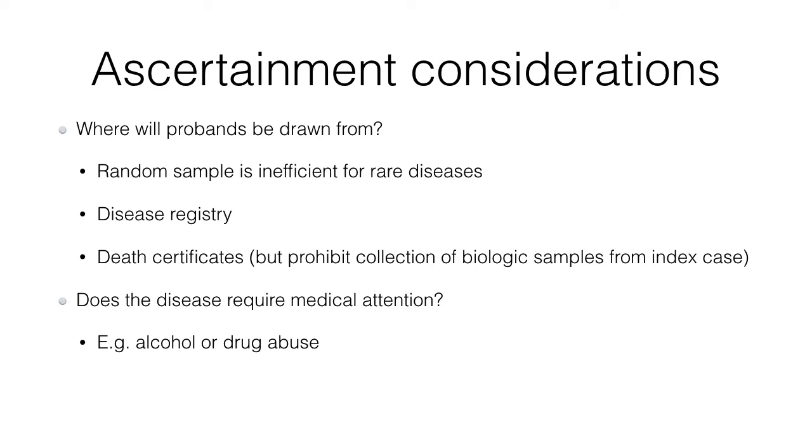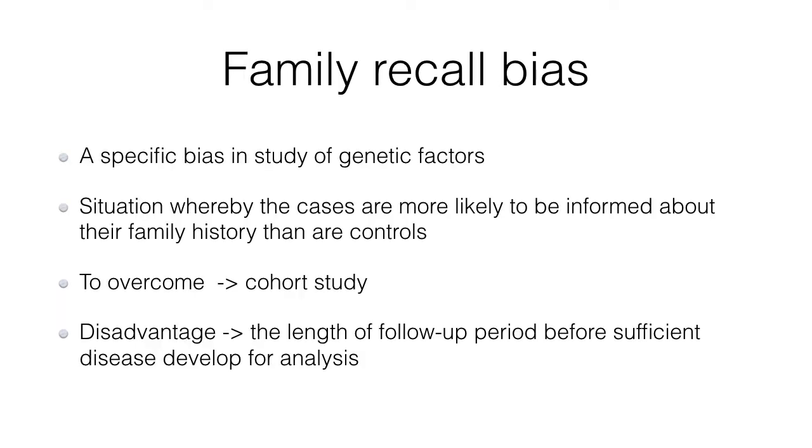There are some challenges in doing the study, especially when it involves looking into information or data on individuals, their siblings, relatives, and families. There will be family recall bias, a specific bias in studies of genetic factors.